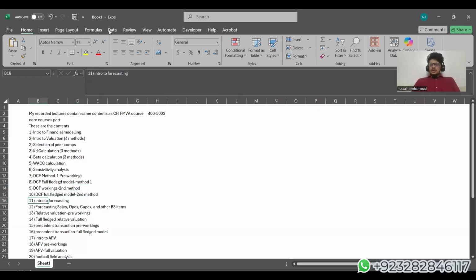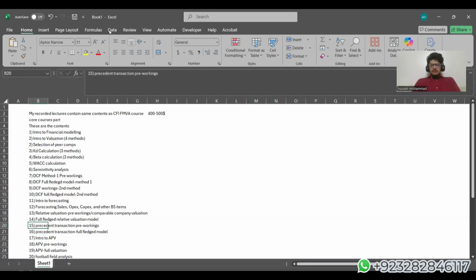Then we will have an introduction to forecasting sales, operating expenditures, capex, and other balance sheet items. Relative valuation, also called comparable company analysis, company valuation. We will do its pre-workings and then the full-fledged relative valuation model, precedent transaction pre-workings, and the precedent transaction full-fledged model.